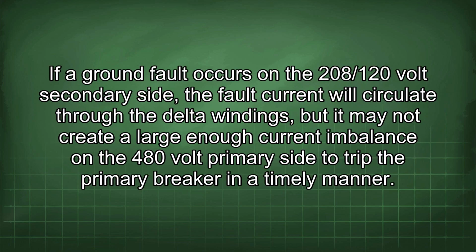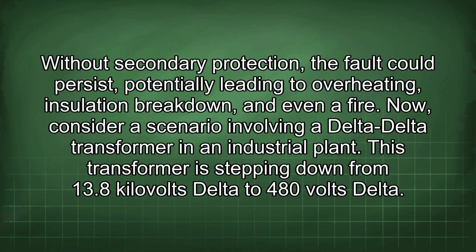If a ground fault occurs on the 208/120-volt secondary side, the fault current will circulate through the delta windings, but it may not create a large enough current imbalance on the 480-volt primary side to trip the primary breaker in a timely manner. Without secondary protection, the fault could persist, potentially leading to overheating, insulation breakdown, and even a fire.